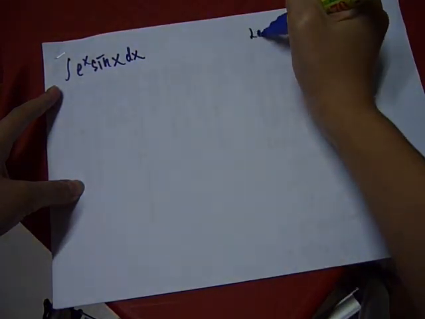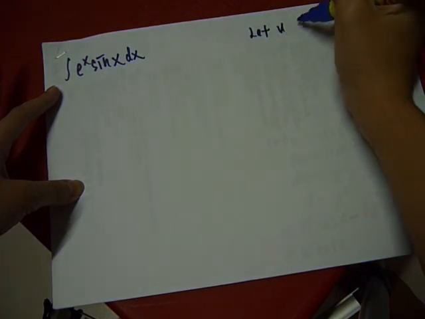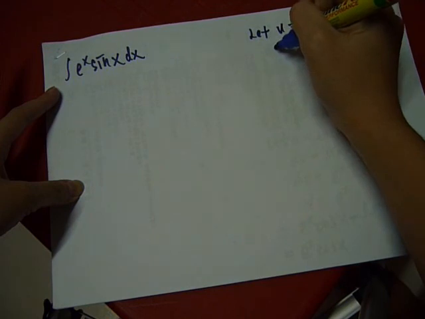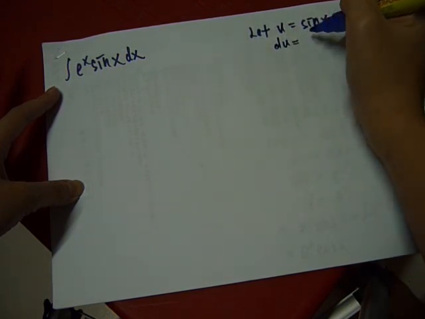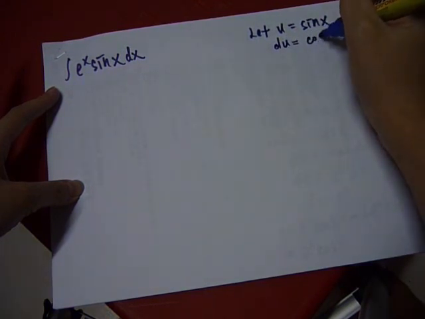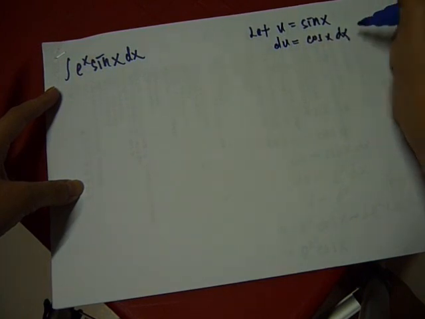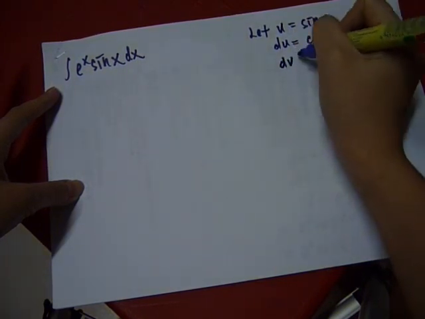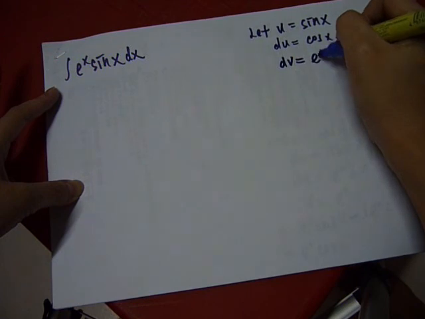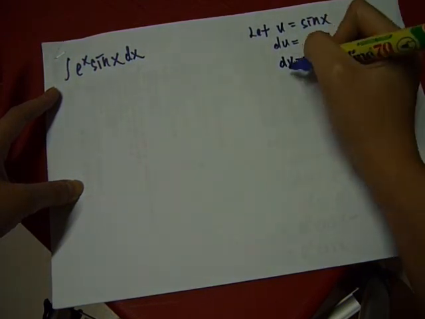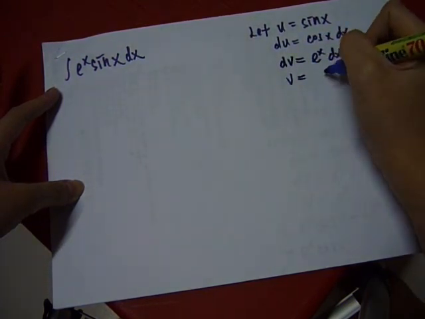Okay, let u equal sine x, so we will get du equals cos x dx, and let dv equal e^x dx, then we will get v equals e^x.